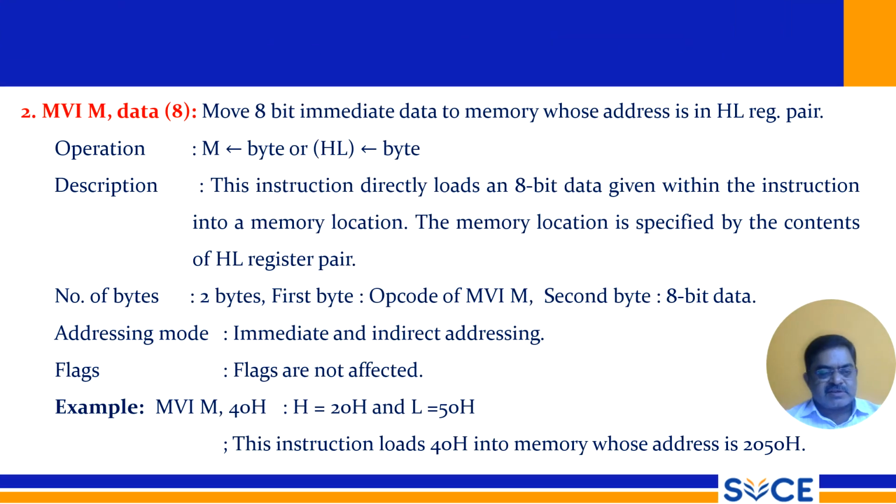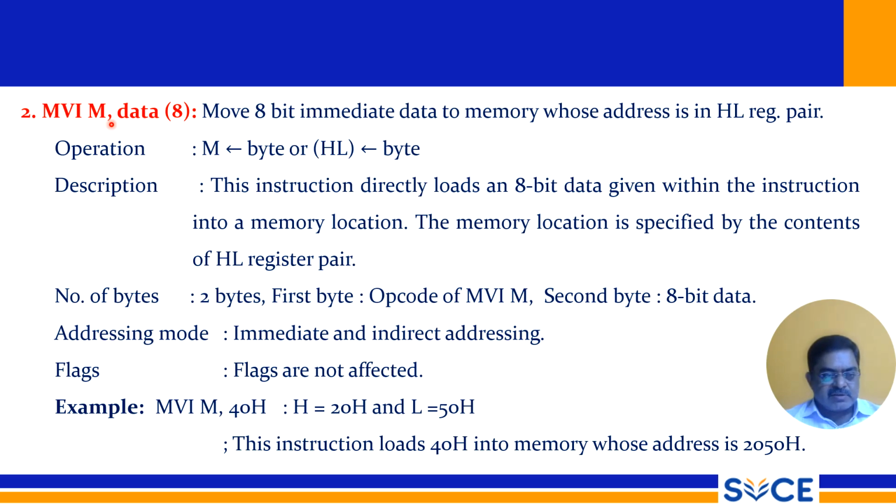Then the second instruction, MVI M, data. M is nothing but the memory pointer. It is actually the HL register pair, and an address is stored in the memory pointer. In that address, the data is moved.